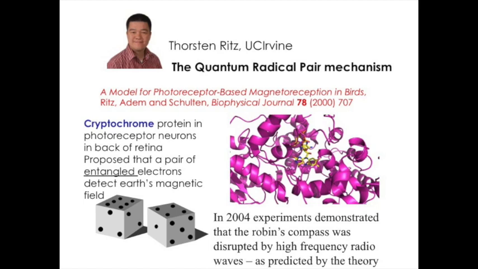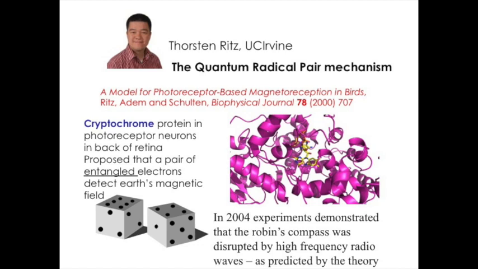So he proposed that in the cryptochrome molecule were generated radical pairs that interact because they are quantum entangled. Now, there isn't time to go into the whole theory of this, but essentially this only works if you generate free radicals that are quantum entangled.